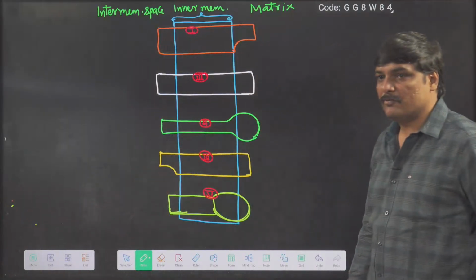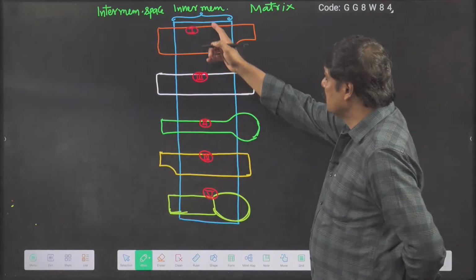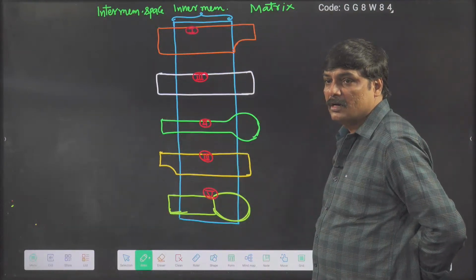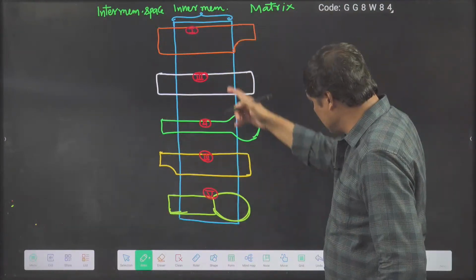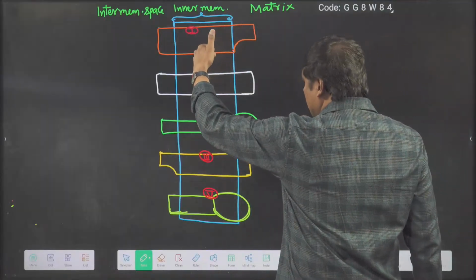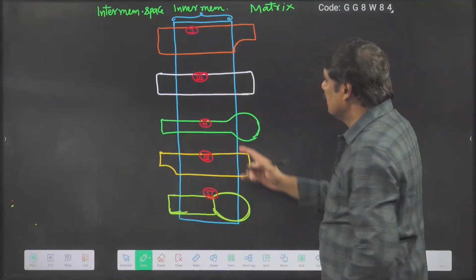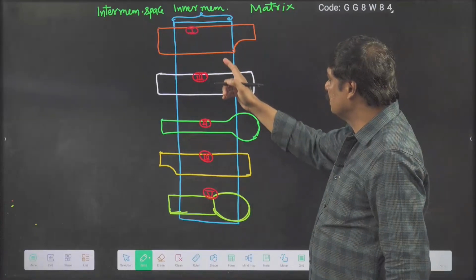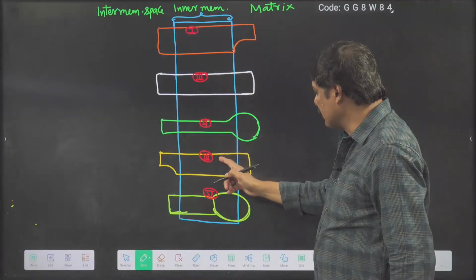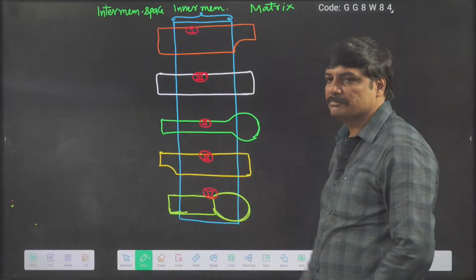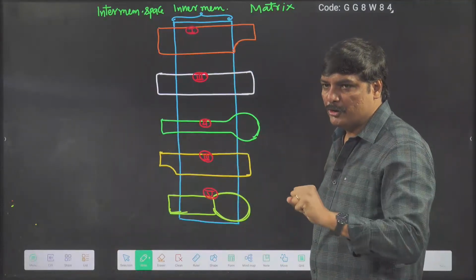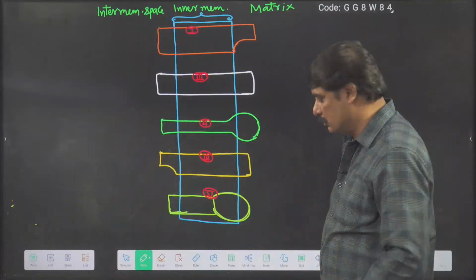All of you see carefully, students. This is the inner membrane of mitochondria. On the inner membrane of mitochondria, several enzyme complexes are present. This is complex 1, complex 3, complex 2, complex 4, complex 5. 5 complexes. Now I will tell you the names of these complexes also.